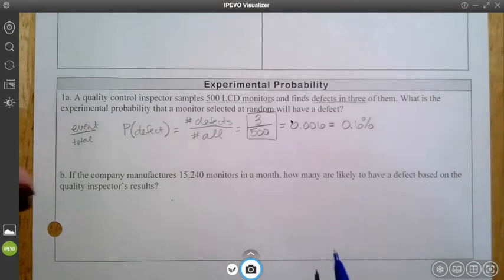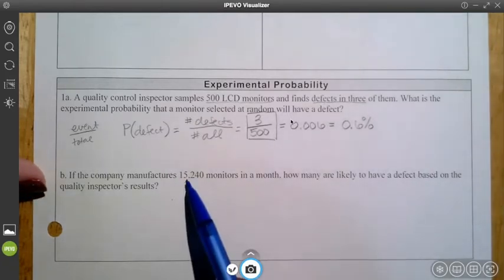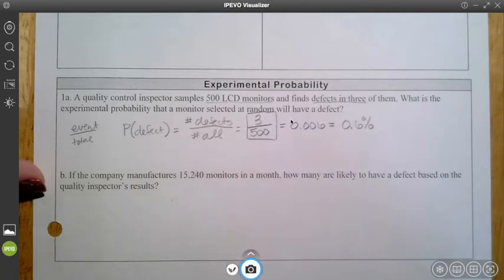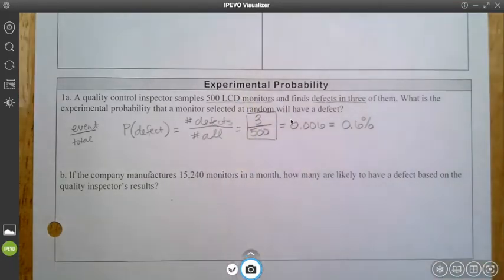Okay, the second part is saying, we tested 500 monitors, but if the company manufactures 15,240 monitors, how many are likely to have a defect? So we took this small sample and we're going to determine how many of the monitors that we manufactured are likely to have a defect, okay?